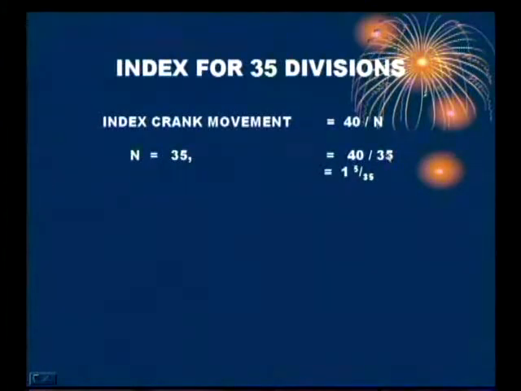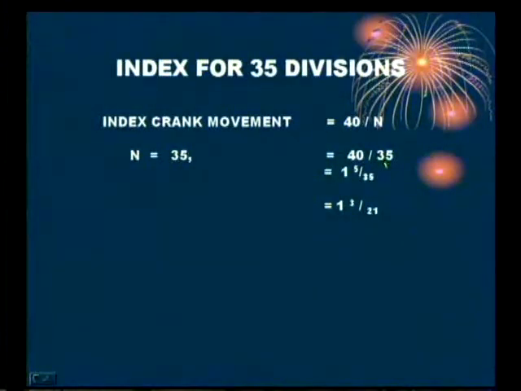Now this fraction 40 by 35 can be reduced to a mixed fraction, 1 and 5 by 35. This is to be understood with the numerator 40 as the number of holes to be bypassed in a particular circle, and the denominator 35 as the number of holes in the circle.